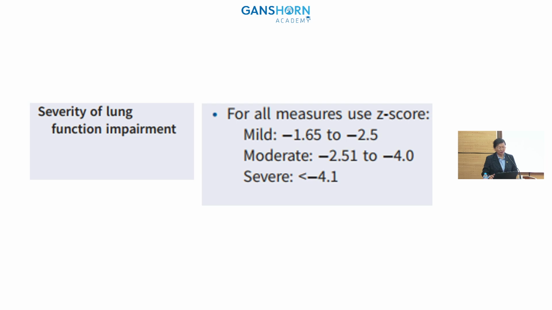And this is also a very important slide. Instead of using 80%, 60%, or 40% to classify mild, moderate, or severe, the ATS ERS suggests that for all measures we use the Z-score. Mild is minus 1.65 to minus 2.5.